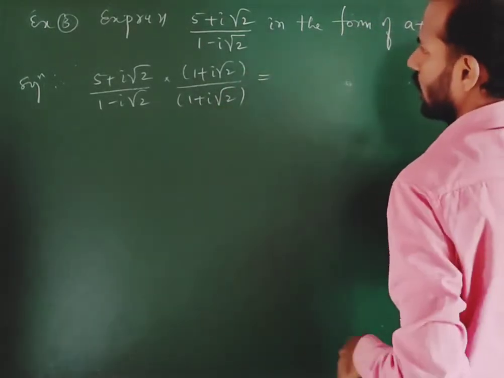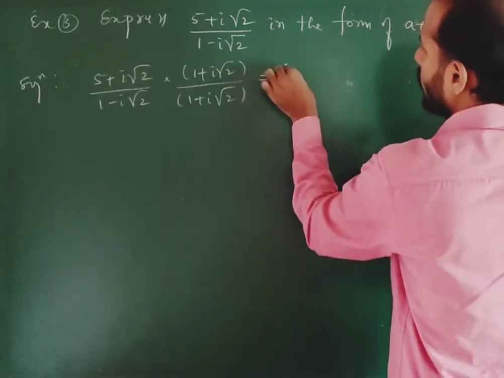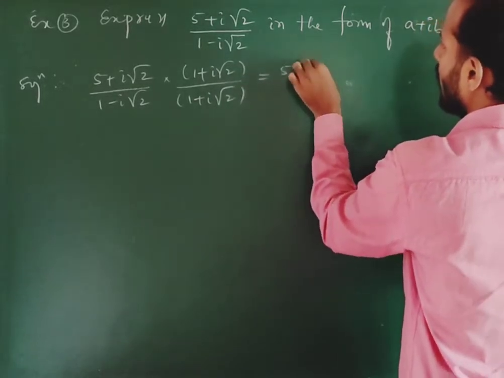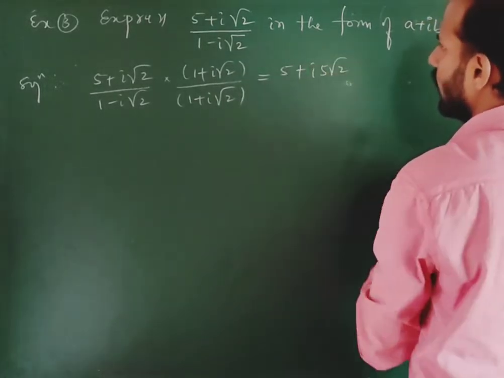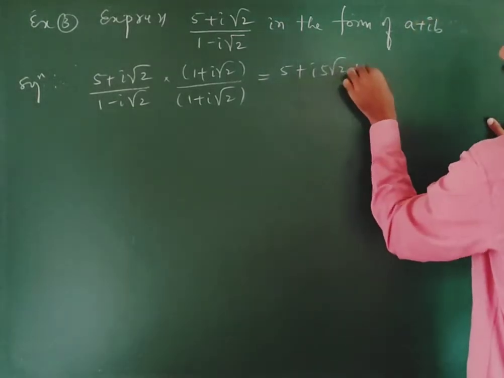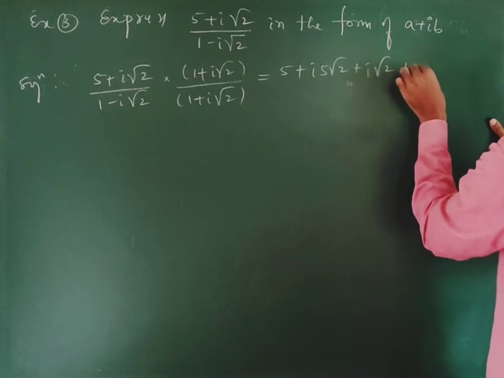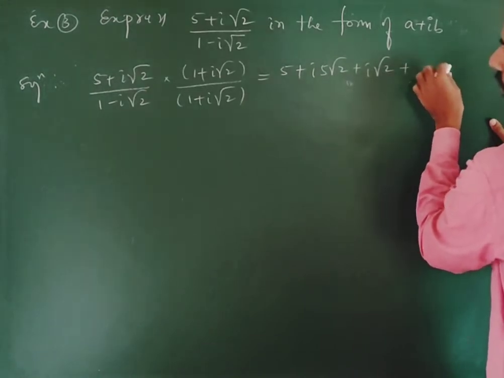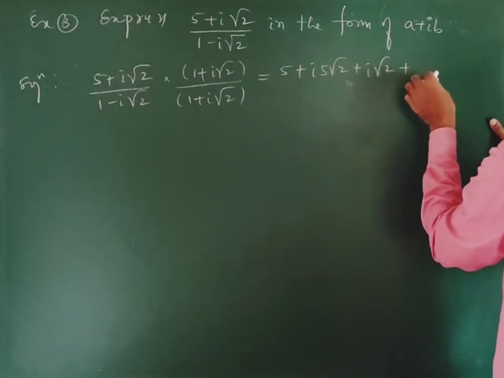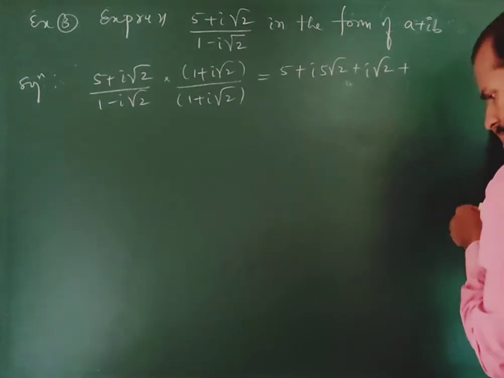Which is equals to, in the numerator what we get, 5 ones are 5 plus i 5 root 2, next i root 2, next plus i square, i into i square, 2 root 2 it is, right?